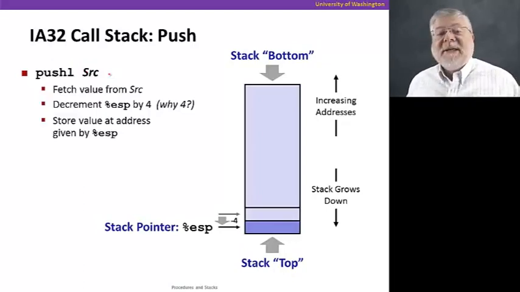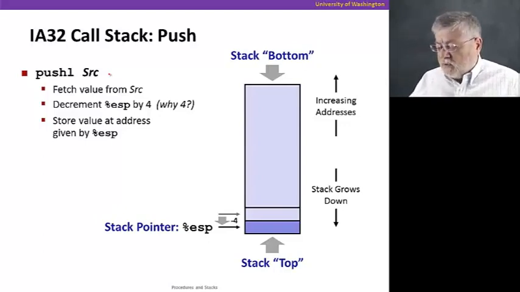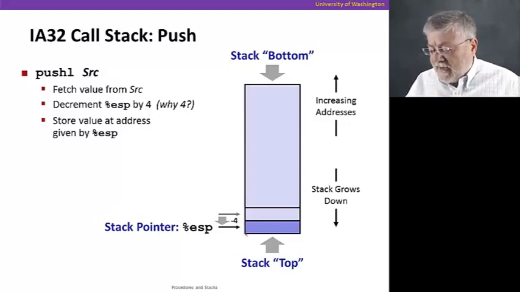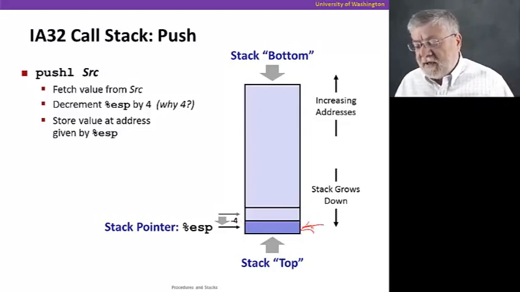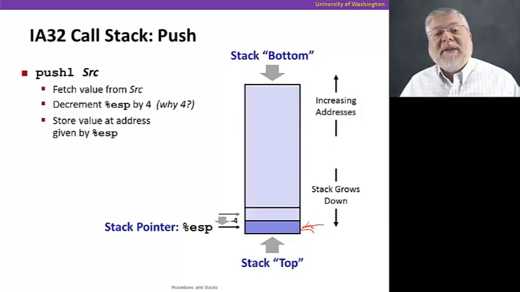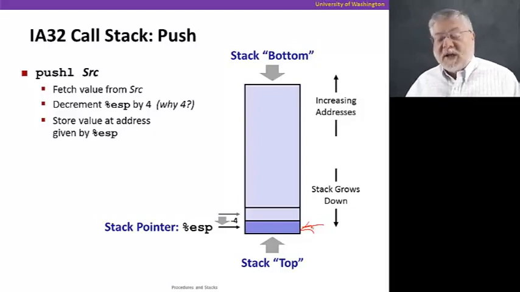It also decrements the stack pointer by 4. And why 4? Because it's a push long, remember, right? 4 bytes, a 32-bit word. So the stack pointer is decremented and now points to the new location in memory where we've added or copied that value into the memory. Okay, so that's pushing something onto the stack, placing it on the top, of course, here at the bottom as we've drawn it upside down.